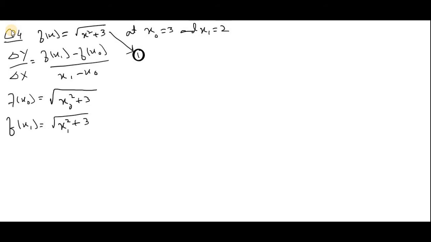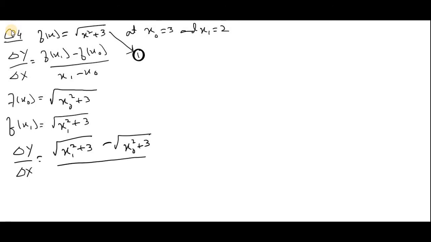Now putting these values in the formula, delta y by delta x is equal to under root x1 square plus 3 minus under root x naught square plus 3 whole divided by x1 minus x naught. Now since there is a radical sign on both sides of the function, we are going to rationalize it.